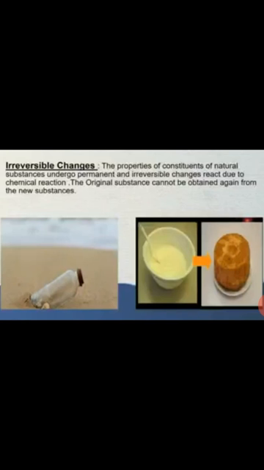No, we can't take calcium carbonate and sand again from the glass. It is already made. Now it is an irreversible change. It is made in a permanent manner, like the example of the cake I just gave. If we use the ingredients once, then we can't change that cake back into ingredients.